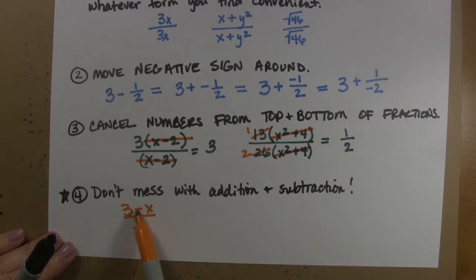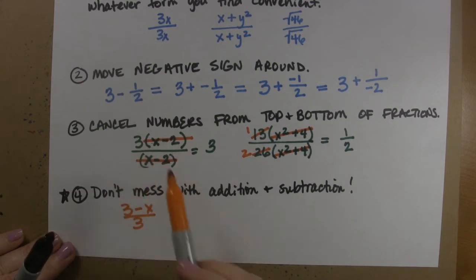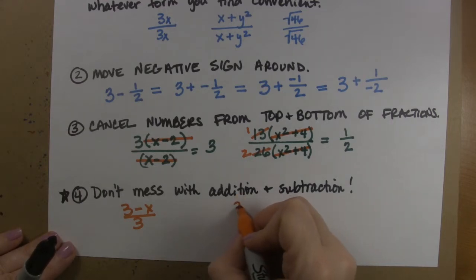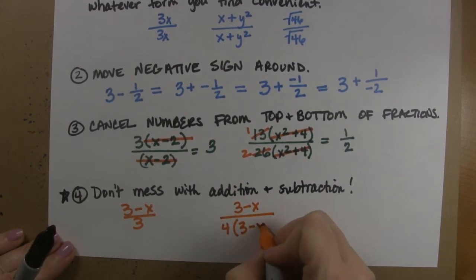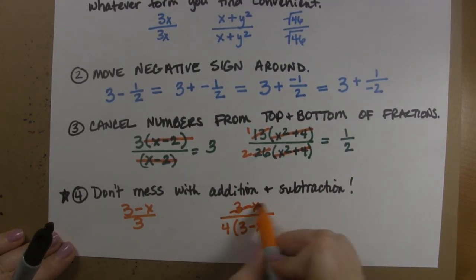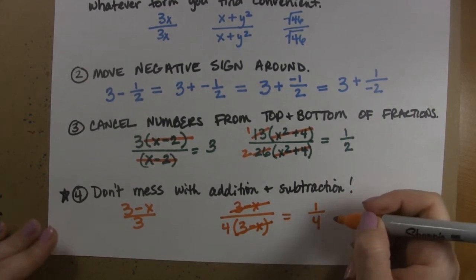Because this is held together with subtraction, and that's not the same. Up here, we had everything being multiplied, and so we could factor it out. But if there's no multiplication going on, then it cannot be simplified. However, with this (3 minus x) over 4 times (3 minus x), now we can take out that whole term and this whole term, so we would get 1/4.